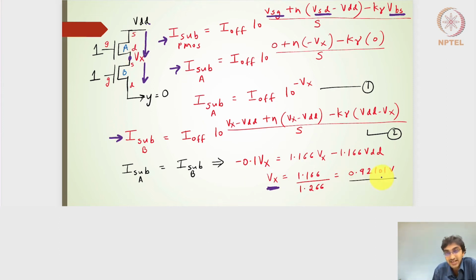It turns out to be 0.92101, which is very close to 1 volt. If I remember the 2 stacked transistors for an NMOS transistor, we got the Vx value very close to 0 volts. Here in the 2 stacked PMOS transistors, we will get the Vx value very close to the VDD value of 1 volt. So that's the difference.